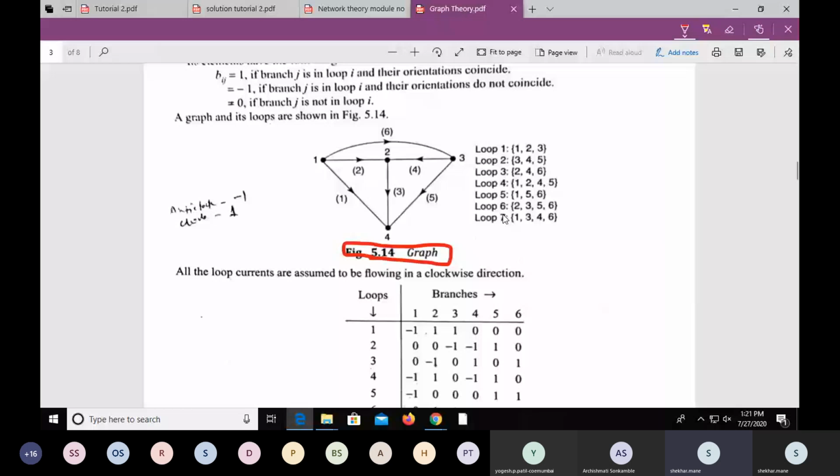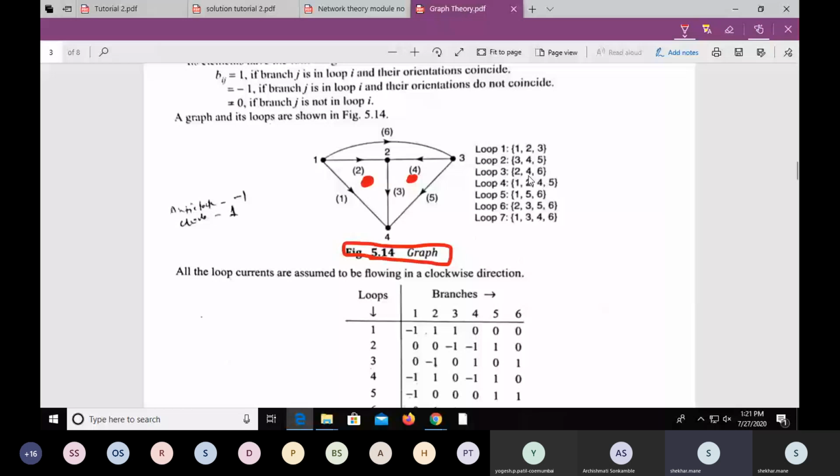So here, loop 1 consists of three branches, 1, 2 and 3. This is loop 1. Loop 2 is 3, 4, 5. This is loop 2. Loop 3 is 2, 4, 6.